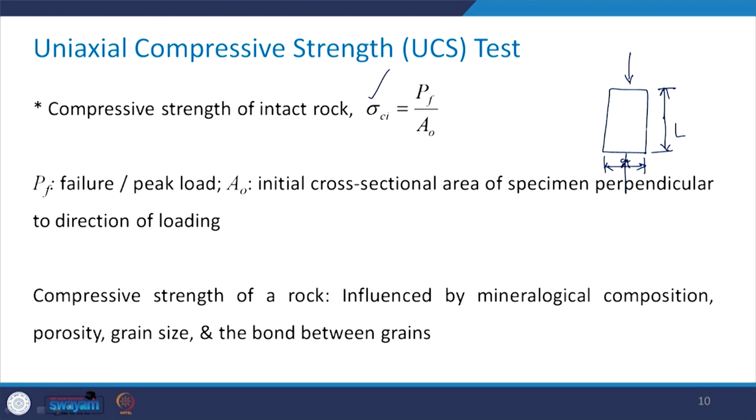The area of cross-section perpendicular to the loading direction is going to be A naught. Now, the compressive strength of a rock is greatly influenced by the mineralogical composition of the rock, its porosity, grain size, and the bond between grains.